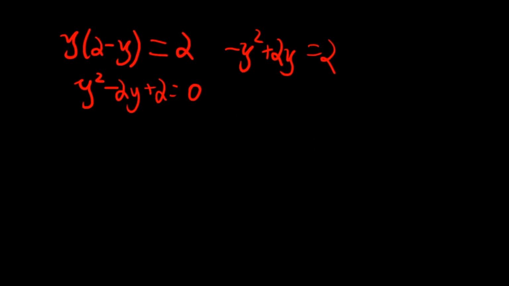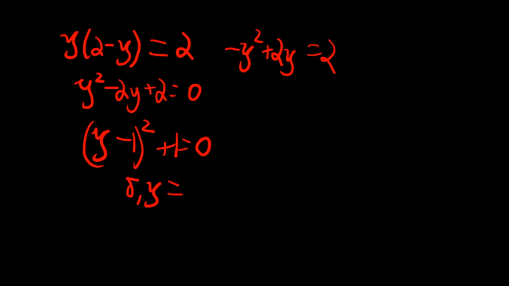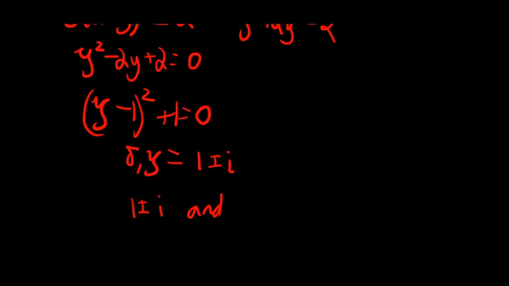And so completing the square again, we'll get gamma minus 1 squared plus 1 is equal to 0. And so delta and gamma will be equal to 1 plus or minus i, and it doesn't matter which way they are. And so now we've found all the roots. So the roots are 1 plus or minus i, and minus 1 plus or minus 2i.